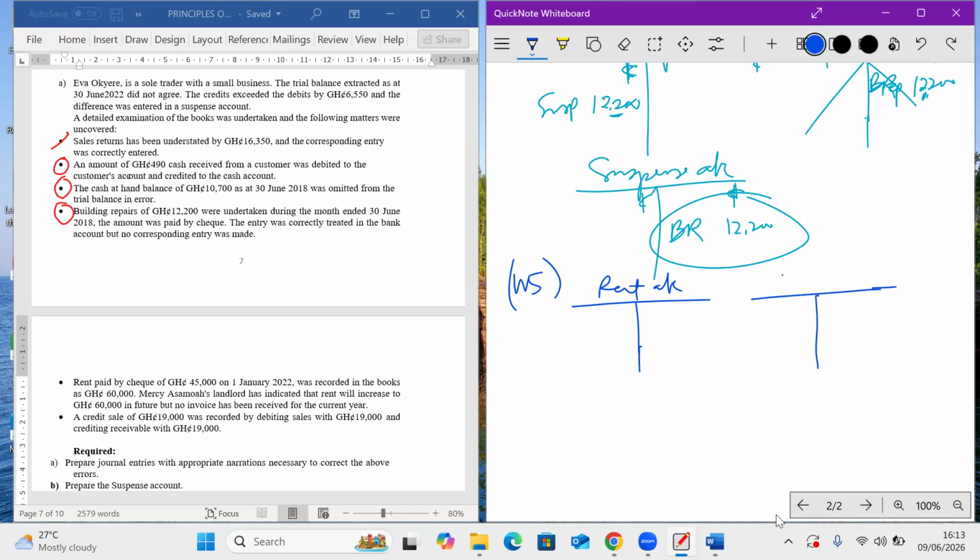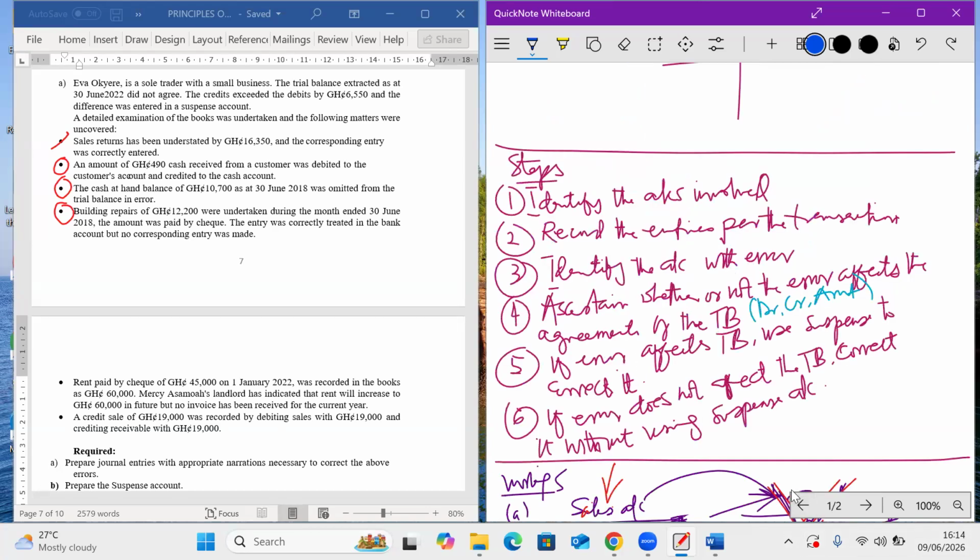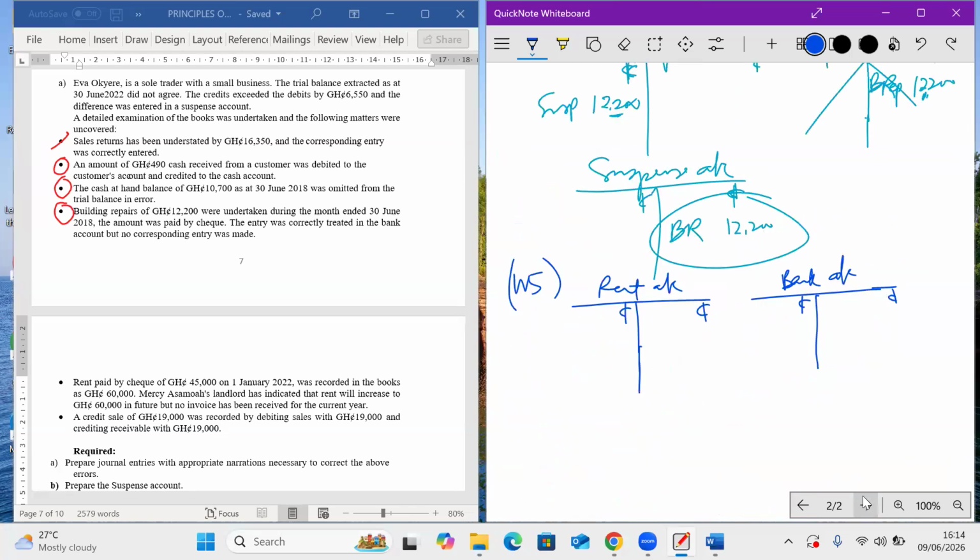That's how you look at it. If it's cash, you use cash account. If it's bank check, you use bank. I said it earlier. So that's the next step: record the entries per the transaction. So based on the transaction, let us record the entries.